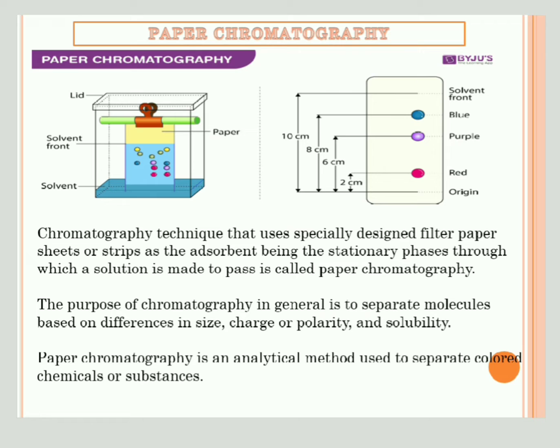If the characteristics of the mobile phase and stationary phase are the same, they will form a bond. For example, if the solvent is hydrophobic, then the paper must be hydrophilic. Otherwise, if the paper is hydrophobic, they will form a hydrophobic bond and the experiment will be hampered. So the thing to keep in mind is the selection of the stationary phase.